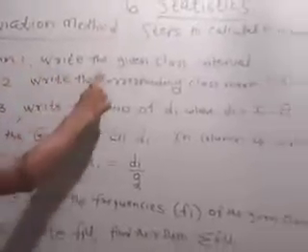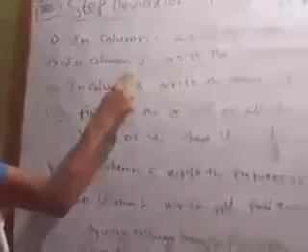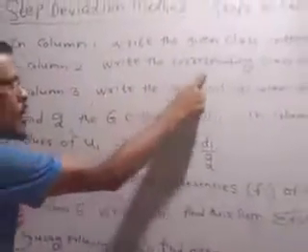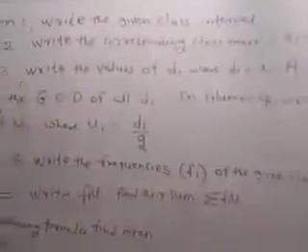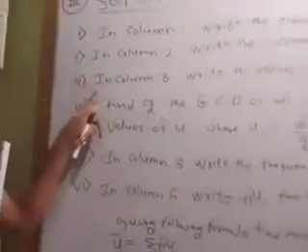First and second columns are the same. In column number 1, write the given class interval. Second, in column 2, write the corresponding class mark, that is denoted by xi. Third, in column 3, write the values of di.